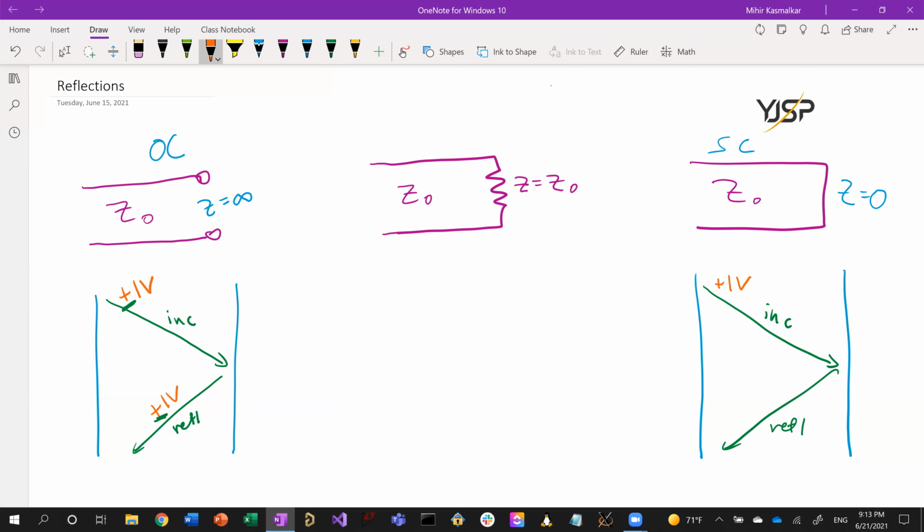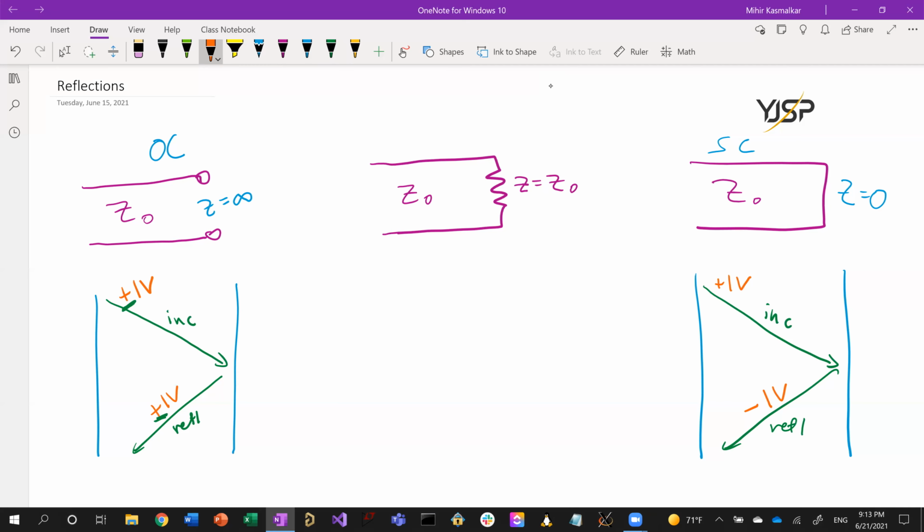What you'll see is the reflected wave will have the opposite polarity, but the same magnitude. If the incident wave was negative, the reflected wave would be positive. So you invert the polarity, but you keep the magnitude the same, just like the incident wave.